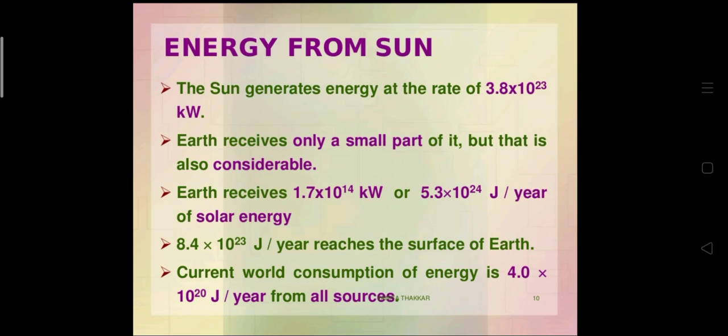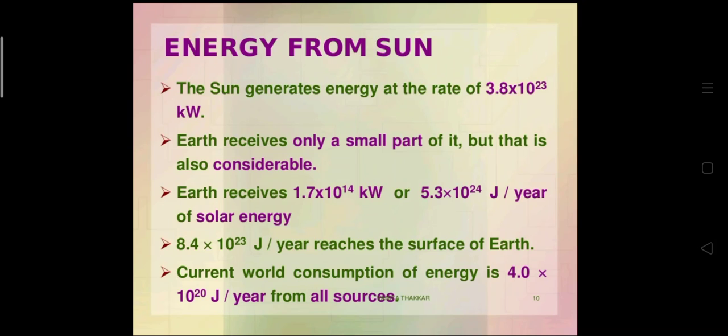Earth receives 1.7 × 10^14 kilowatt, or 5.3 × 10^24 joule per year of solar energy. That is a very small amount compared to what the sun generates.